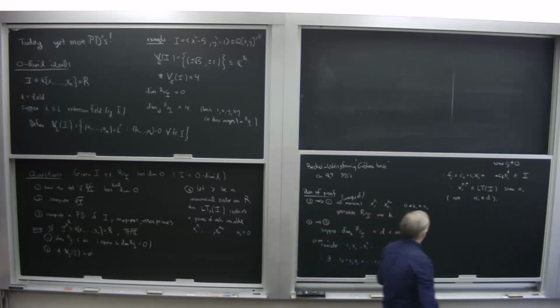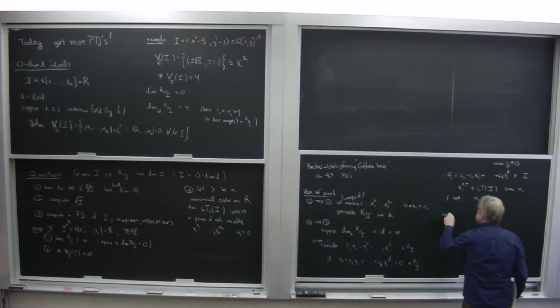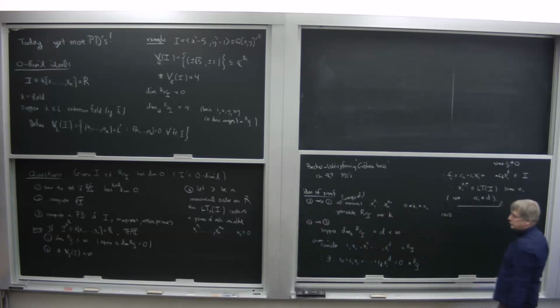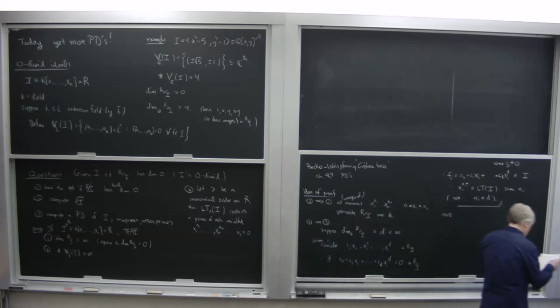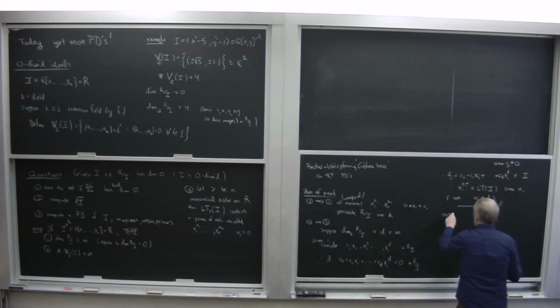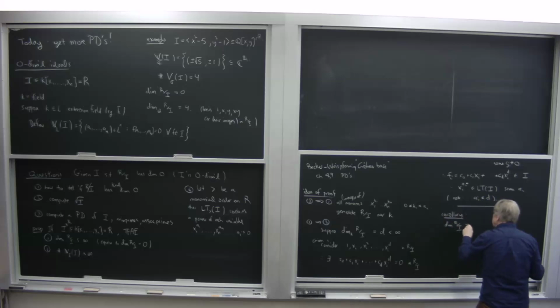As a corollary, I'm going to leave that. That's the end of the proof of this thing that I want to do. That really does prove 3 and 1 are equivalent. Okay, corollary. The dimension of R mod I is 0. That's the Krull dimension.